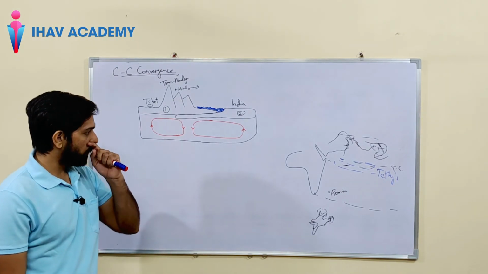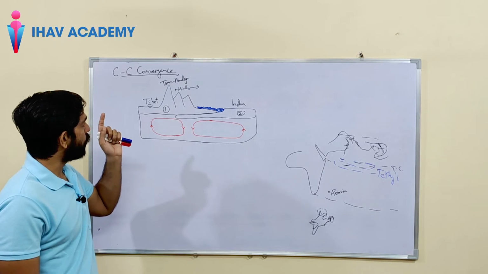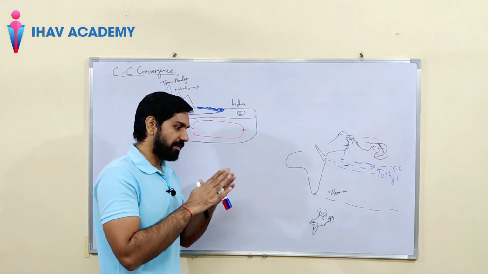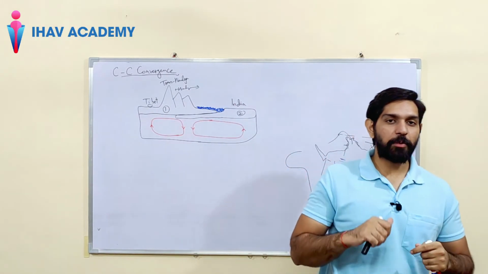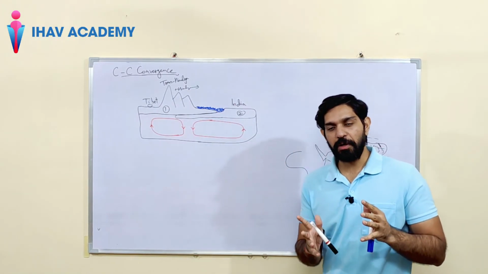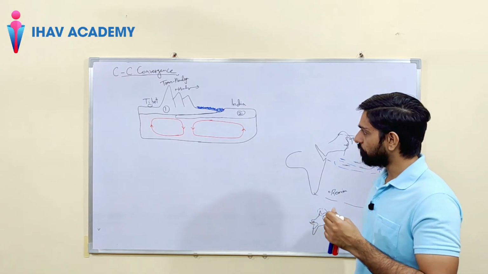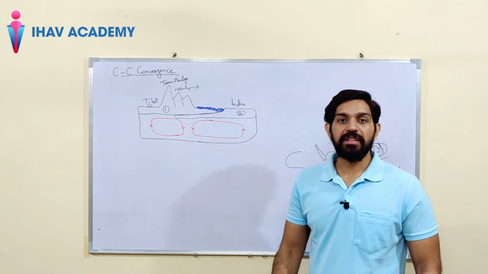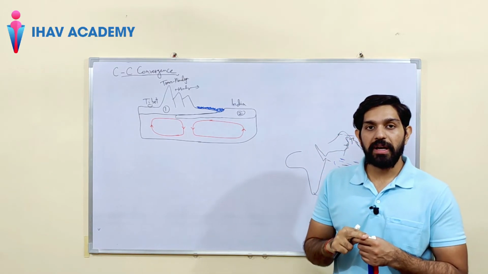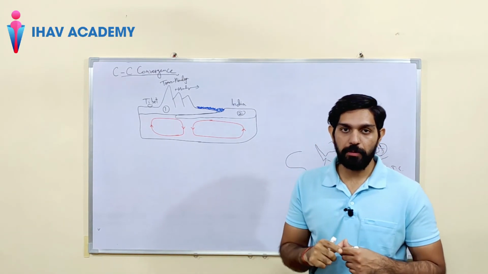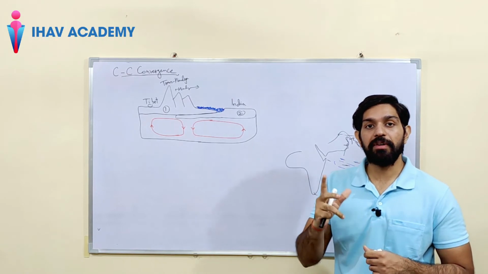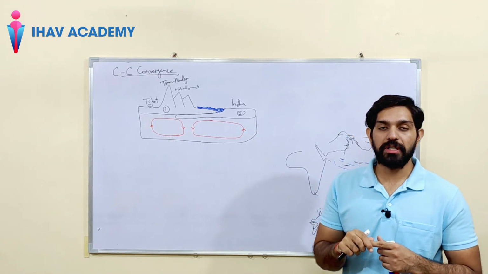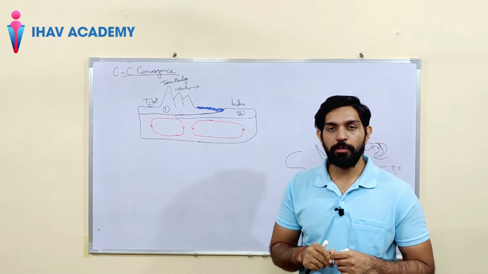So this was the whole theory of the continental convergence, and the most specific point which I forgot to tell you, but I have told you in previous classes, and in this class also I had told you: in continental convergence, at the bottom of the Himalayas we will find the continental slab or continental plate of the width 70 kilometer. But in the previous classes we have studied that the continental plate has the width of 35 kilometer.